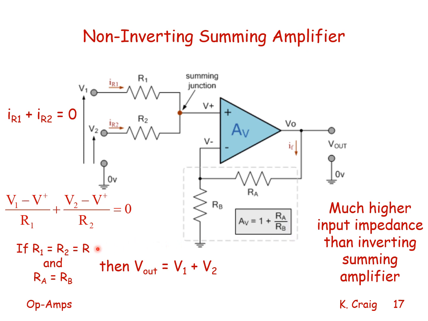If R1 equals R2 equals R, and RA equals RB, then we see that V out equals V1 plus V2. A benefit of this op amp configuration is that it has a much higher input impedance than the inverting summing amplifier.